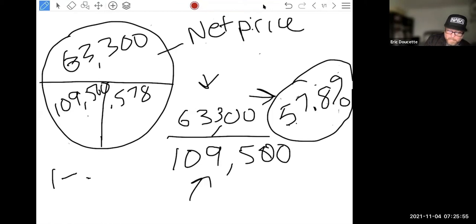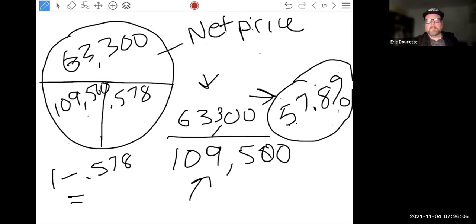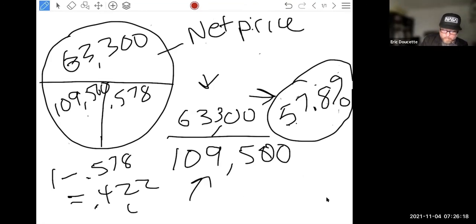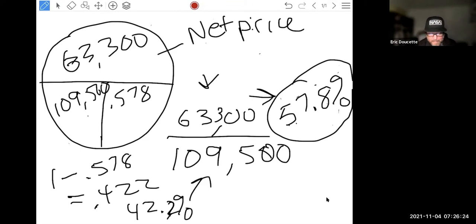So 1 minus 0.578, because I'm trying to find the discount amount, not the net price. So I have to deduct those two, which comes out to 0.422 or 42.2%.